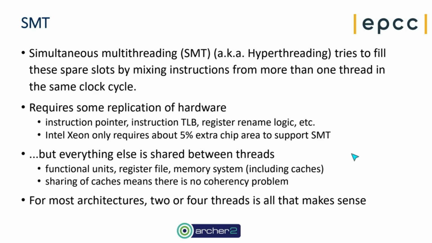But everything else is shared between the threads: functional units, register file, memory system, etc. But how much can you do this? Typically, for most architectures, 2 or 4 simultaneous hardware threads is all that makes sense. Most x86 designs, including the AMD ones, have just 2.